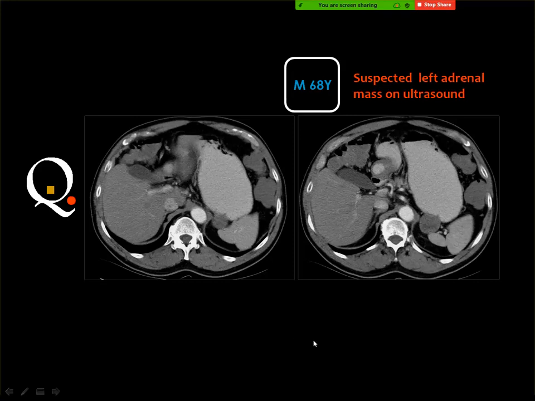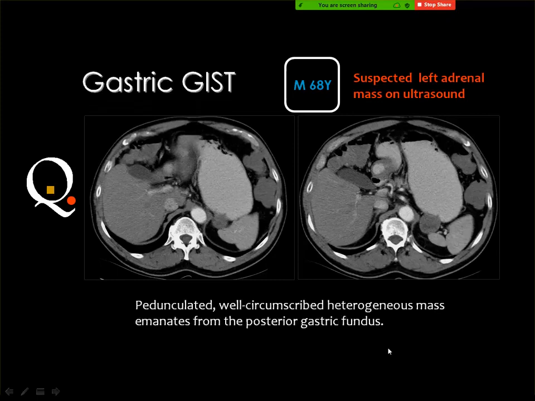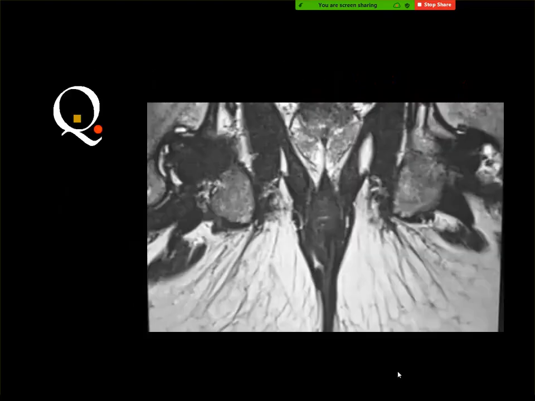Adenoma. This is not of adrenal origin. It is of gastric origin. GIST. Behind the stomach. Yes, and this is a gastric GIST. The typical appearance of a rounded, bulging lesion, which usually goes outside the gastric lumen.